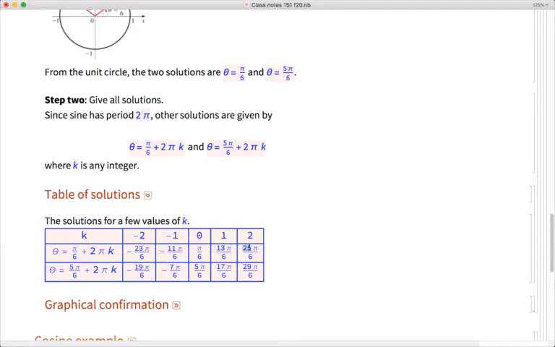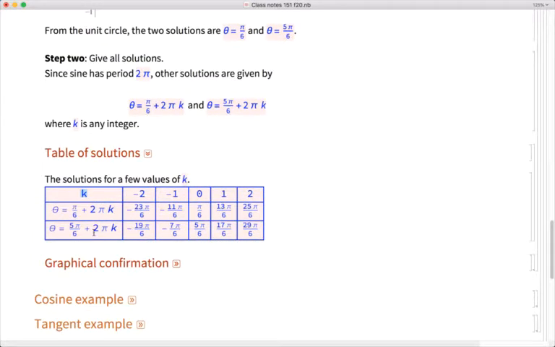Here's adding another 12 pi over 6. And here we're going in the opposite direction. When we subtract off 2 pi, we get these solutions, and this is what we get when we subtract off 4 pi. Again, these are the values of k. And we also get additional solutions when we add multiples of 2 pi to 5 pi over 6.